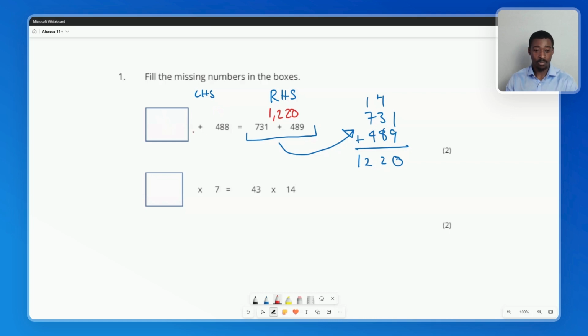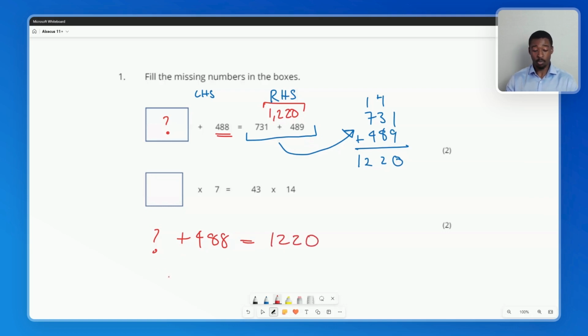But this time it's something plus 488. So all we do to work out this question mark figure is we take this 1220 and we subtract 488. Essentially, we have question mark plus 488 equals 1220.